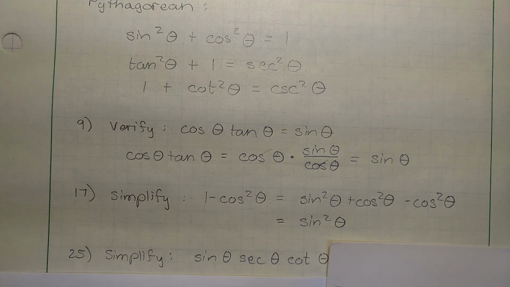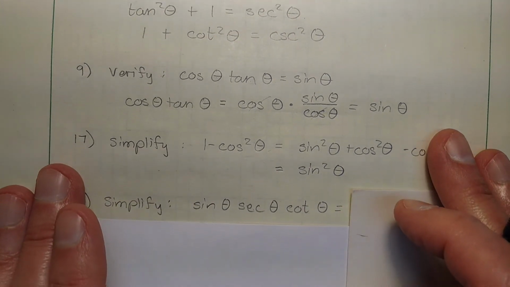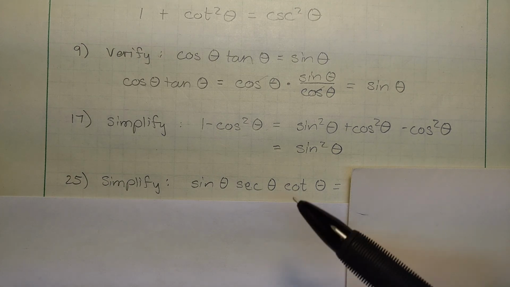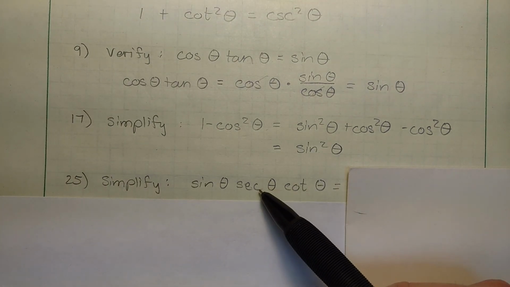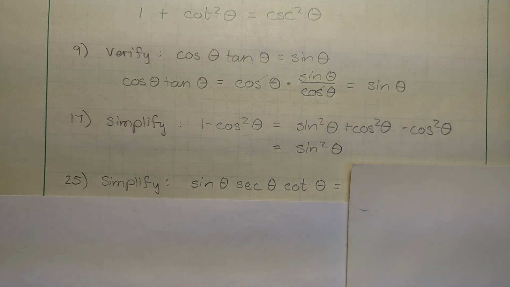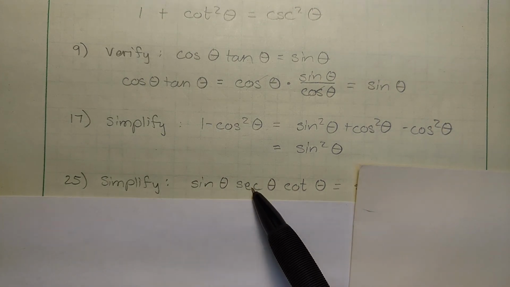Finally, 25 asks us to simplify this. So notice I don't see any squarings or adding or subtracting, so I don't think Pythagorean identity. I think use reciprocal or, where I can, quotient. So here I could use reciprocal on this, and I could use quotient on this. The best way to do it is get everything into sines and cosines. Then it's easier to simplify. So I'm going to do reciprocal on this.